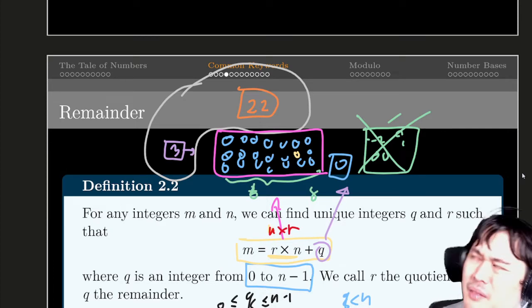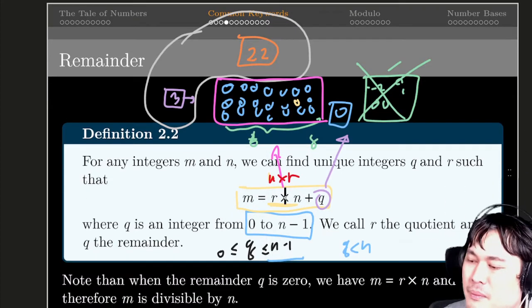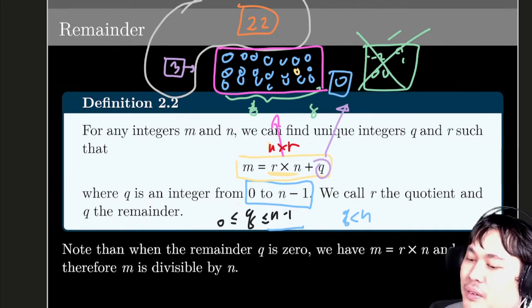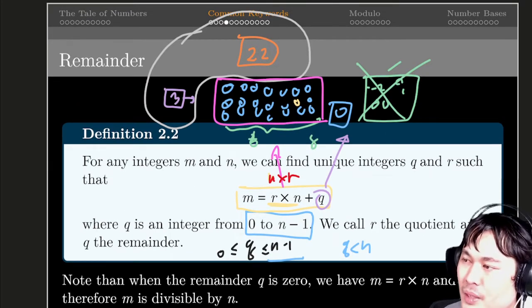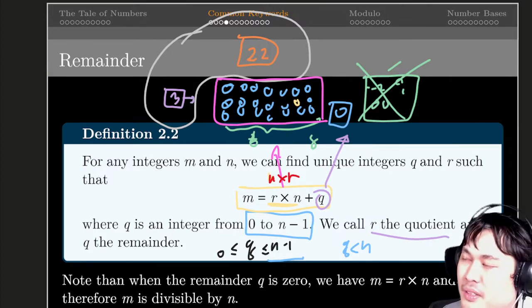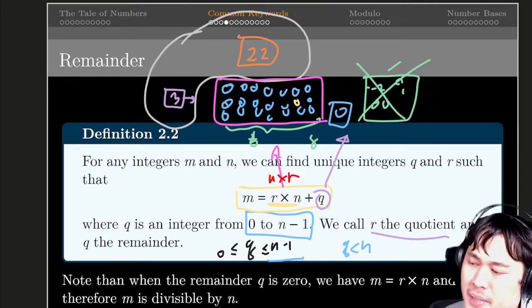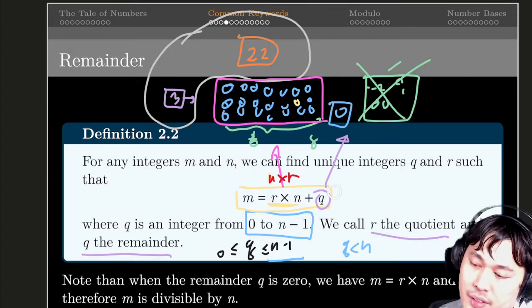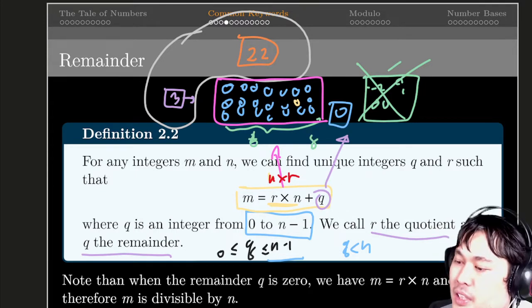I think maybe some textbooks do that, but as long as you have r in the back, we are good to go. We call q the quotient. We divide the two numbers, giving some kind of ratio, but not exactly a ratio. And r is the remainder, what remains after we divide them.